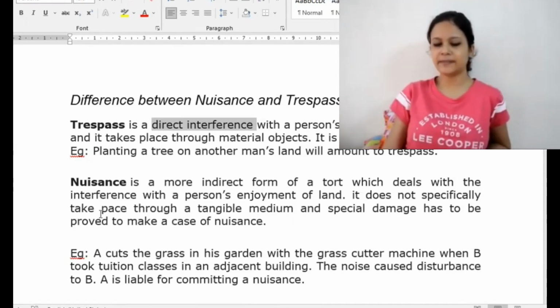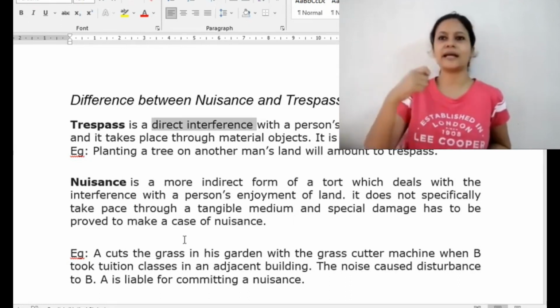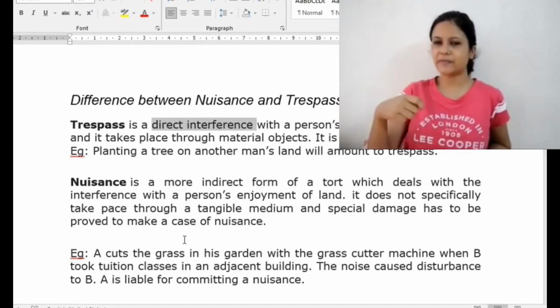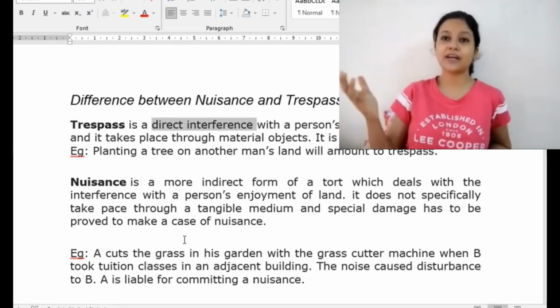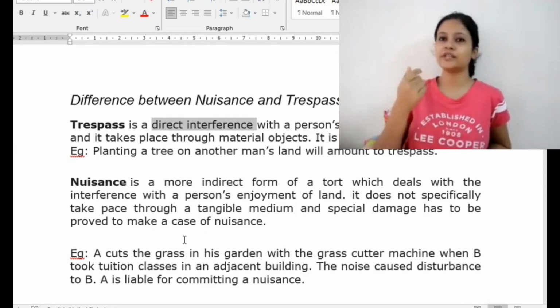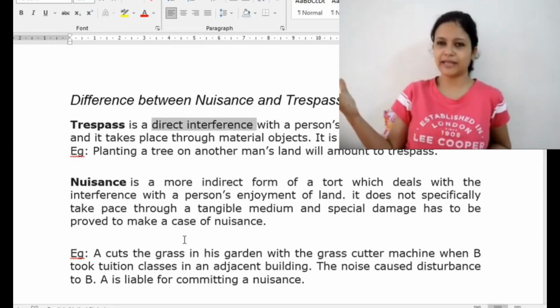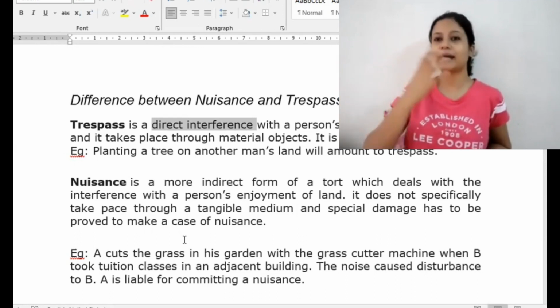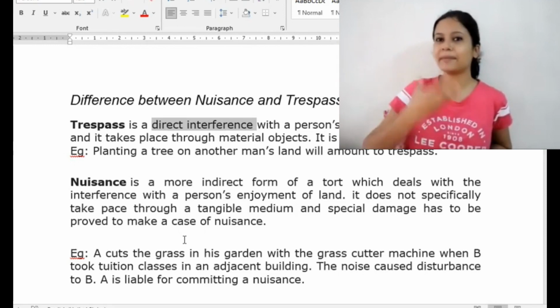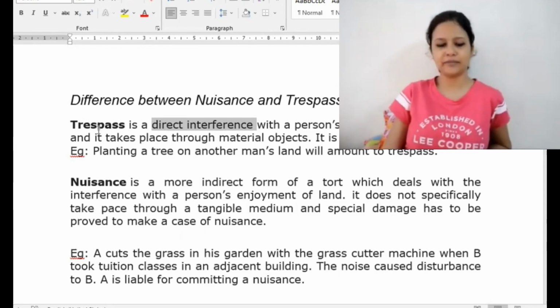It specifically takes place through some medium, like I am using some electric machines within my premises. It is disturbing my neighbor because of the noise, the vibration, or the pollutants. That means directly I am not interfering with my neighbor's enjoyment of land, but still it is escaping from my premises to my neighbor's premises. That is the basic difference between trespass and nuisance.